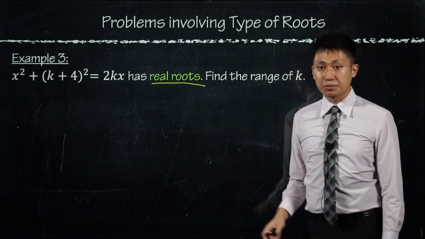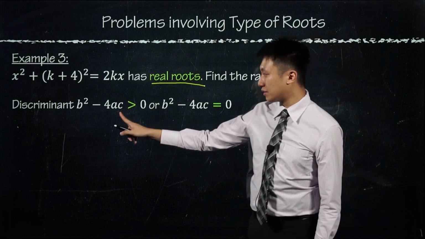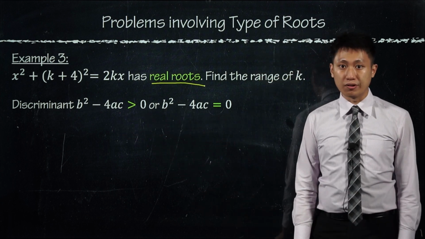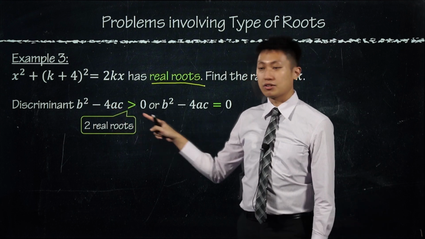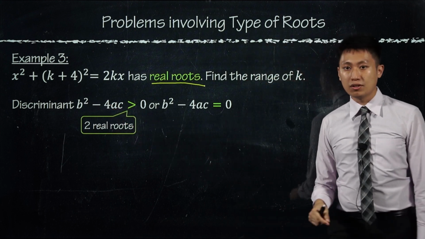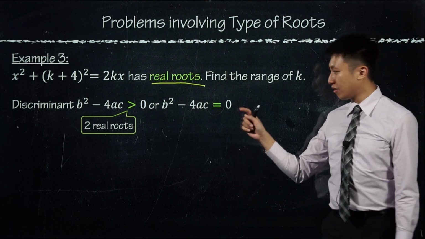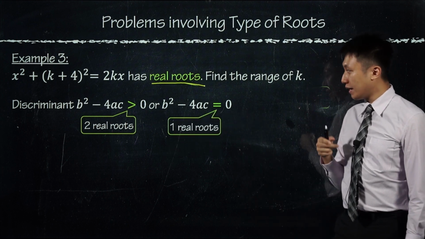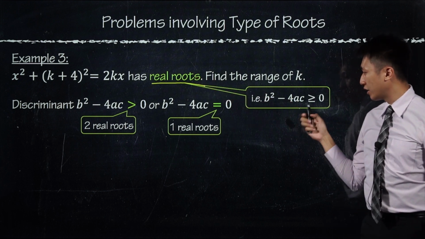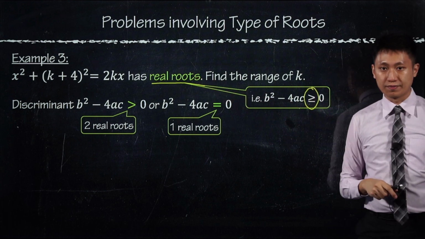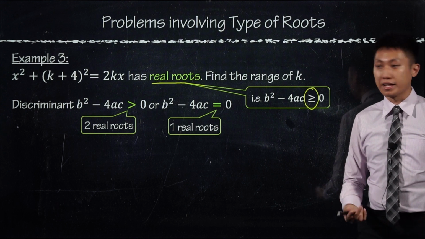So real roots means you have either greater than 0 or equal to 0. Then this one will have 2 real roots when it's greater than 0. When you have equal to 0, how many do you have? You have 1. Then this one means b squared minus 4ac is greater than or equal to 0. You need these two combined together.